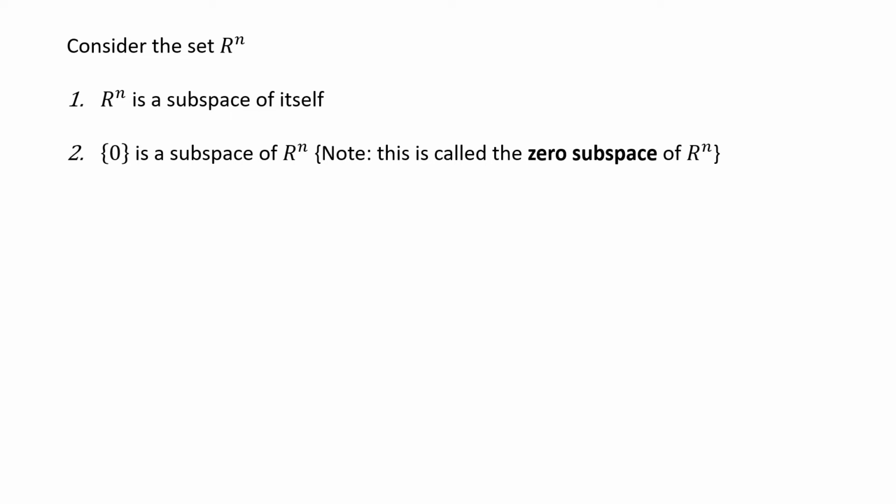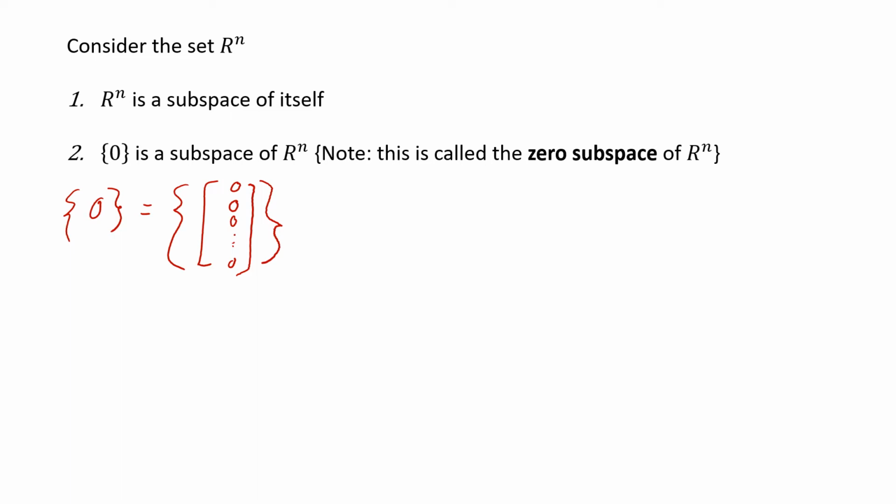So what does this mean? First off, what is the zero set, the zero space? The zero space is equal to the set, which is a single vector, which is the zero vector.